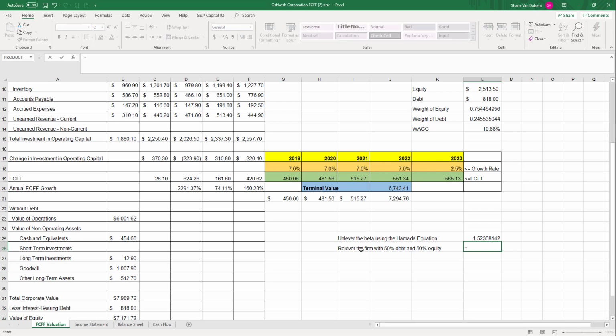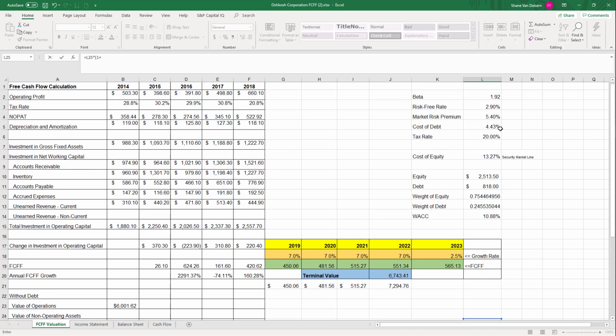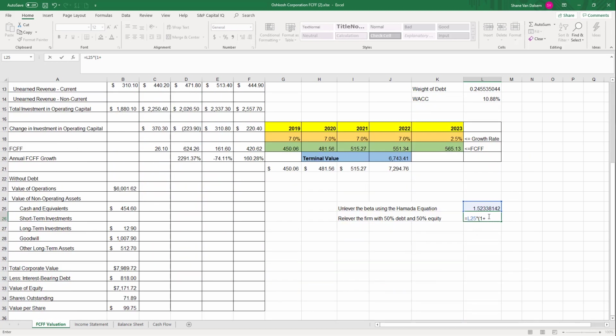So we're going to say that the levered beta using 50% debt and 50% equity is equal to the unlevered beta multiplied by 1 plus. So notice there in the equation up here, I took the levered beta of 1.92 and divided by what I'm about to type in, 1 plus 1 minus the tax rate.